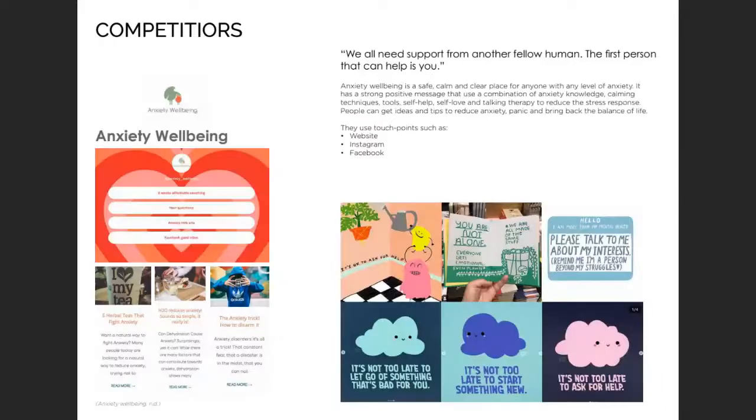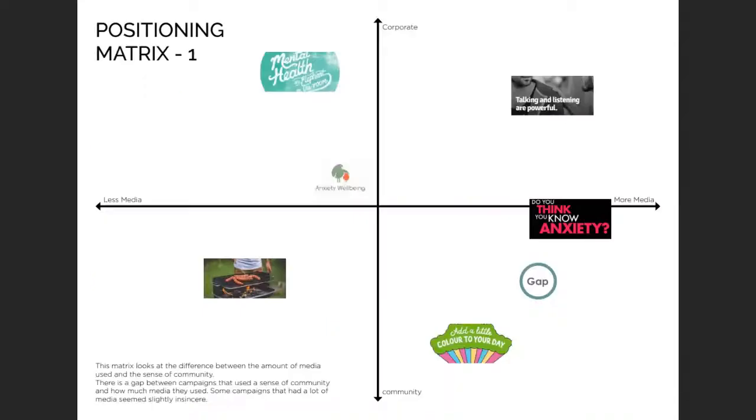And here's her positioning matrix. So I like these ones where they're looking at the amount of media. I think that's really useful for when you get to the touch points to consider how they're communicating with their audience.